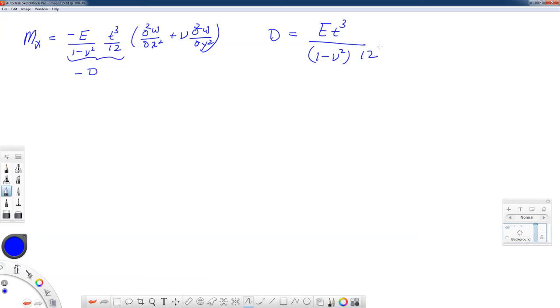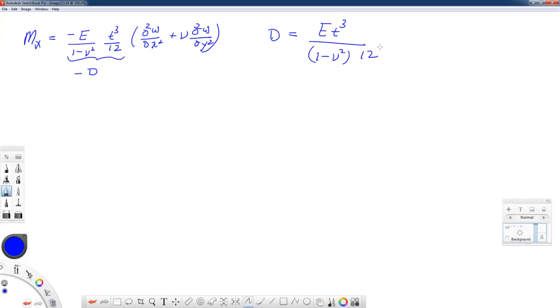Now if you think back, we'll see this when we get into deflections, but for the square beam, it was E t cubed over 12, and now we have an additional term of 1 minus nu squared.